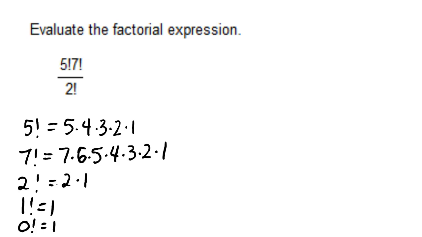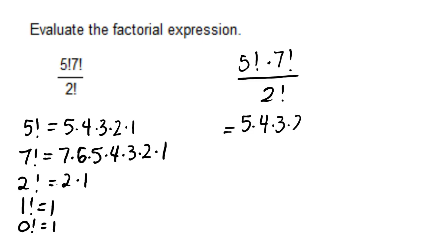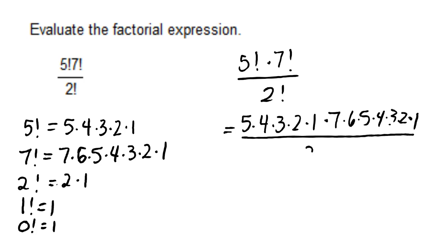So to work out this example, I'm going to write 5 factorial times 7 factorial over 2 factorial. And I'm going to write these out and do some canceling. So this is 5 times 4 times 3 times 2 times 1 times 7 times 6 times 5 times 4 times 3 times 2 times 1 over 2 times 1.